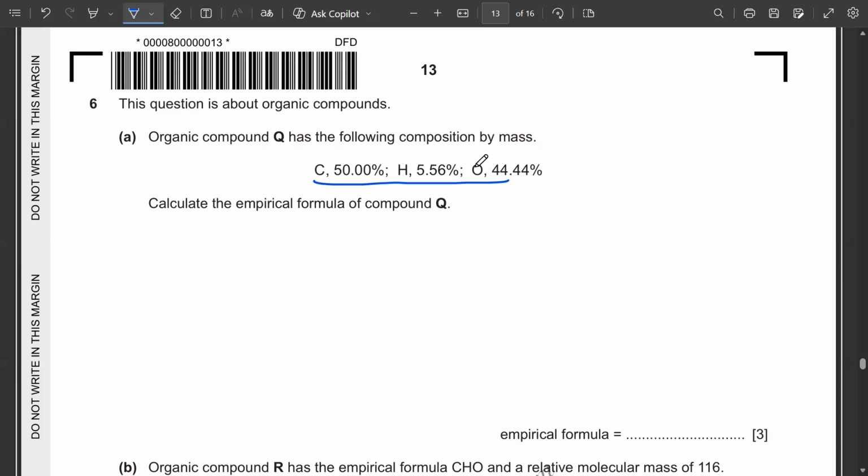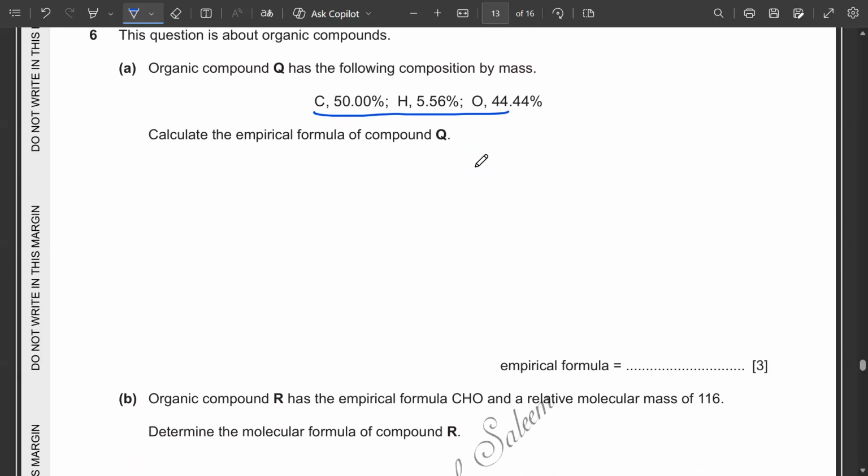To find the value of the empirical formula, it's simple. First of all, take the percentage as a mass of these elements: carbon ratio hydrogen ratio oxygen. 50 is the mass of carbon, 5.56 the mass of hydrogen, and 44.44 is the mass of the oxygen. Now divide with the Ar values.